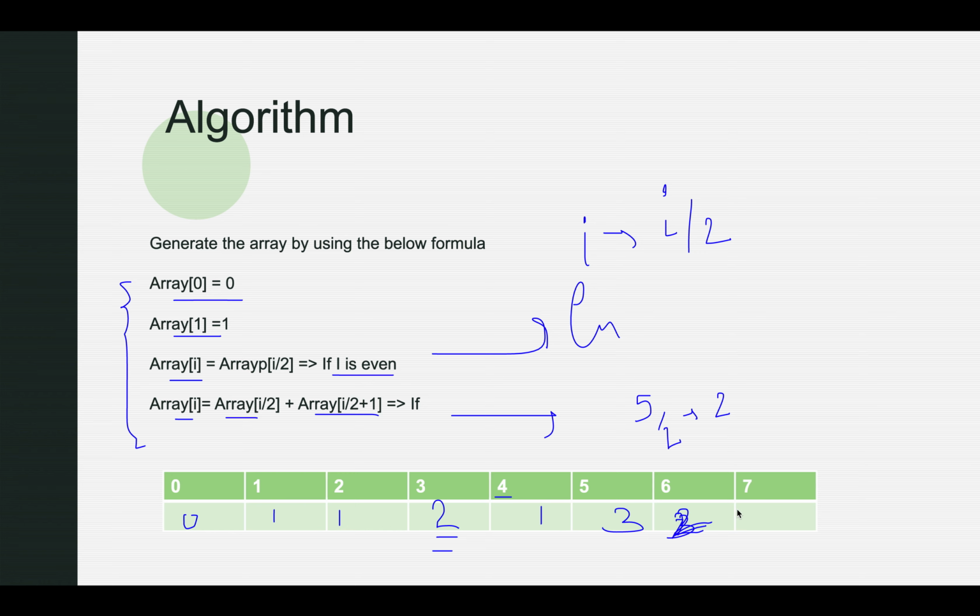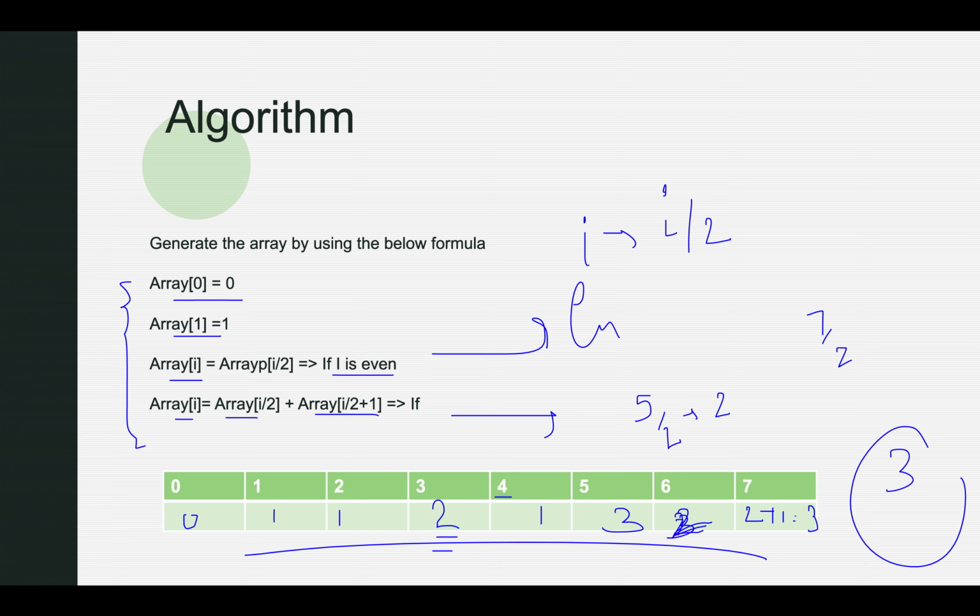Sorry for the typo. And we have 7 now. 7 by 2 is 3, so you get 2 from here plus the value at the next index, that would be 4, so 2 plus 1 would be 3 again. So we get 3. The maximum value in this array becomes 3. The answer is 3. We return 3.